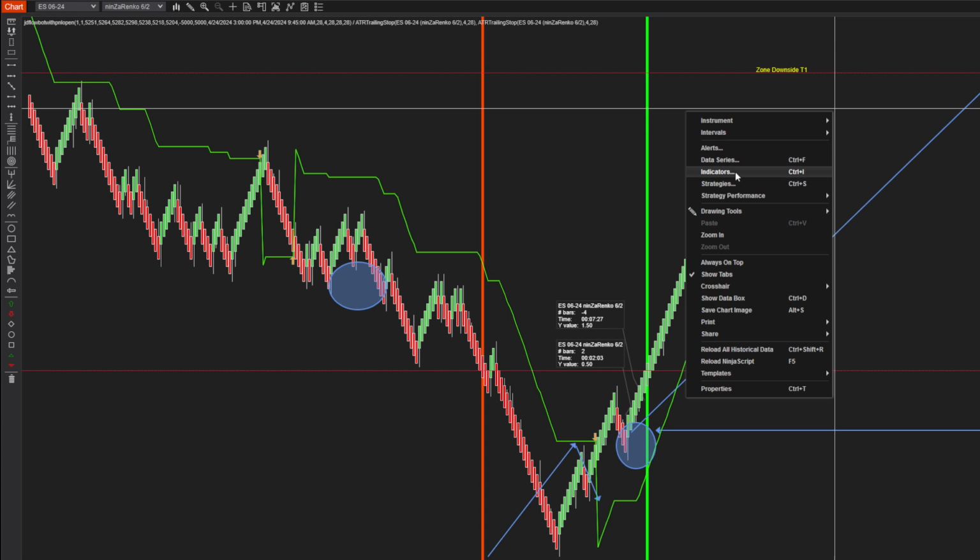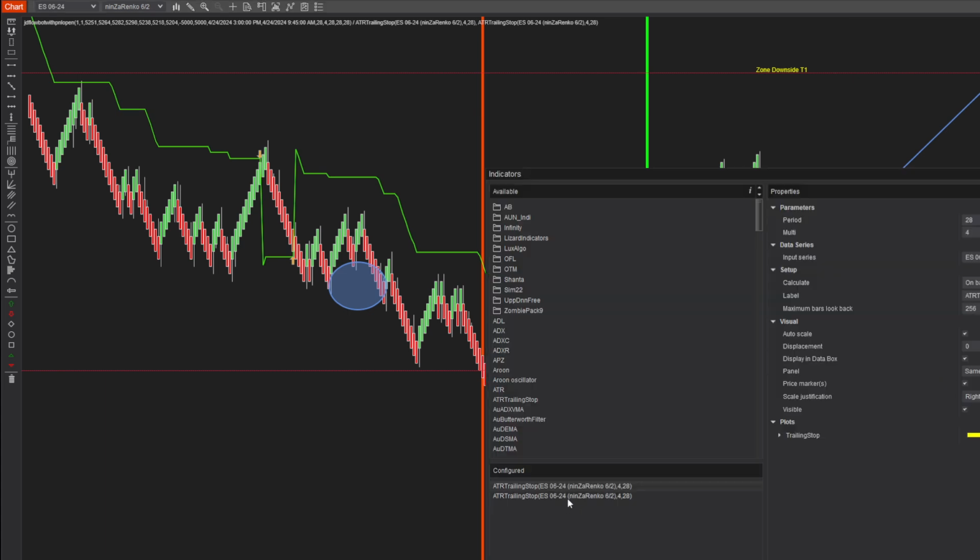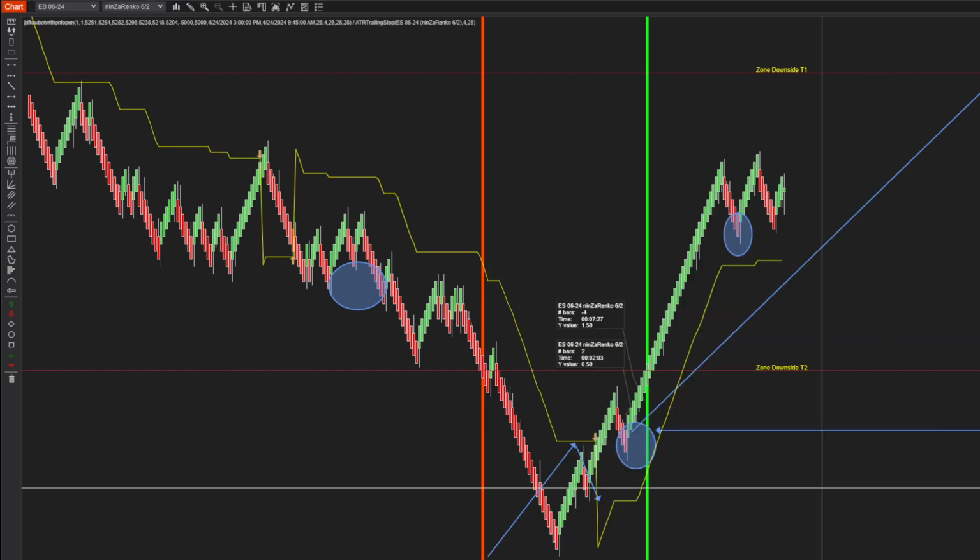So let's talk about this for a moment. All right, let's go back to the indicator and look for 28.4, which I already have there. Let's reduce this to a yellow line, and you can see the yellow line.